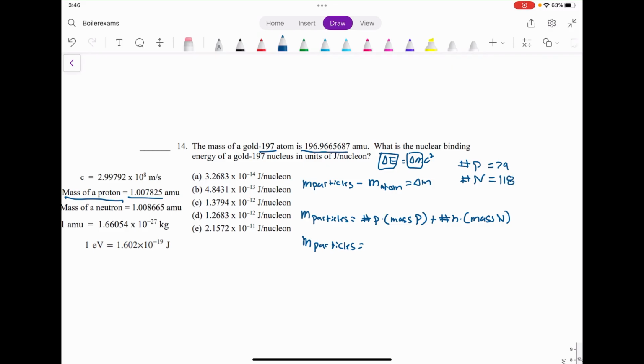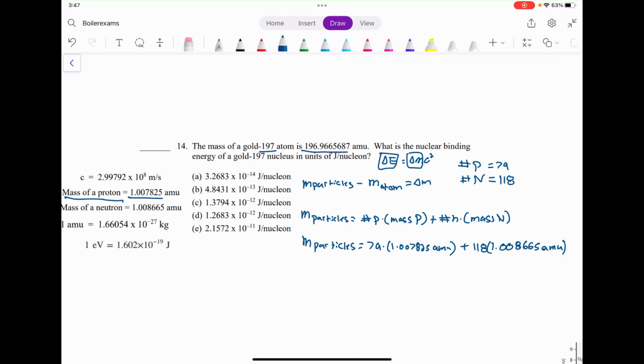So now let's just start plugging stuff in. 79 times the mass of a proton, in AMUs, plus 118 times the mass of a neutron. I'm pulling this from the left. This will definitely be given to you if you need it on a test, I would hope.